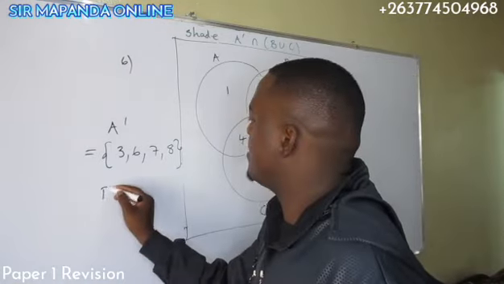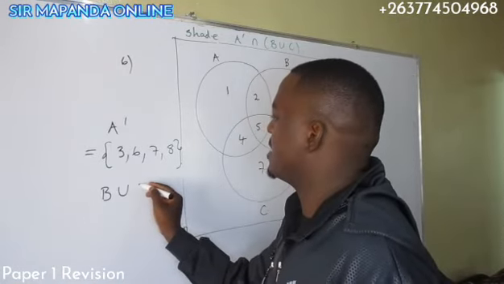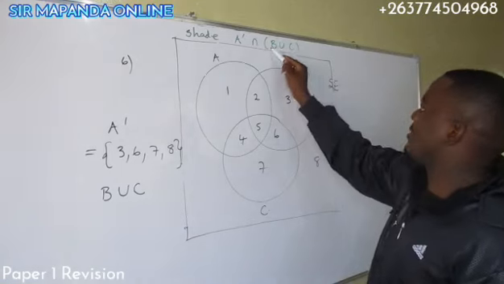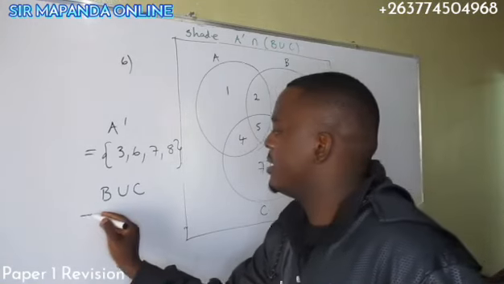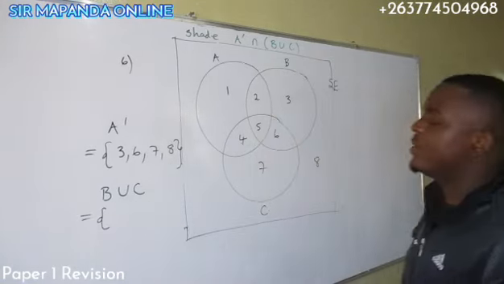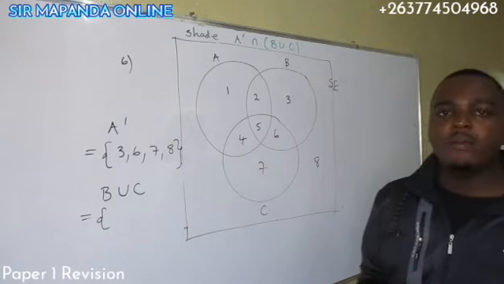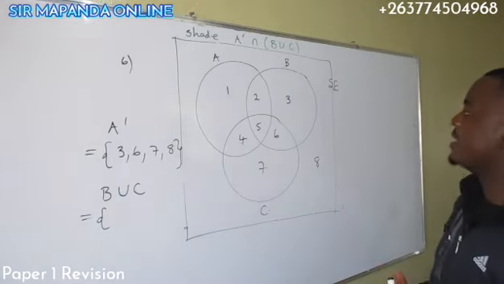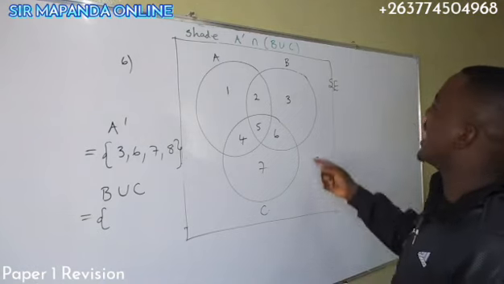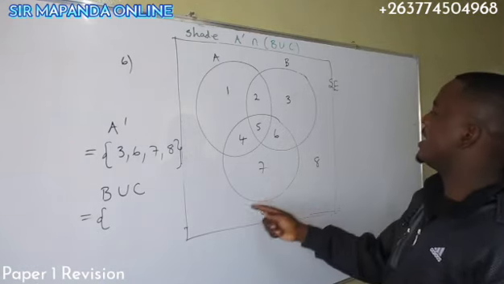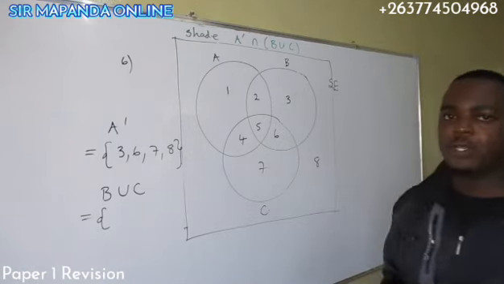Then let me find B union C, which is the set on my right. I hope you are following. What is B union C? Union means join together. So joining together, I need all the terms in B and all the terms in C without repeating.